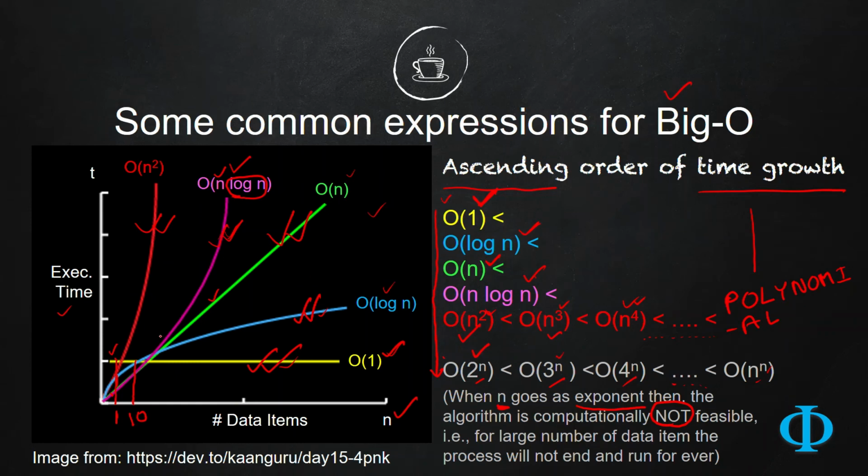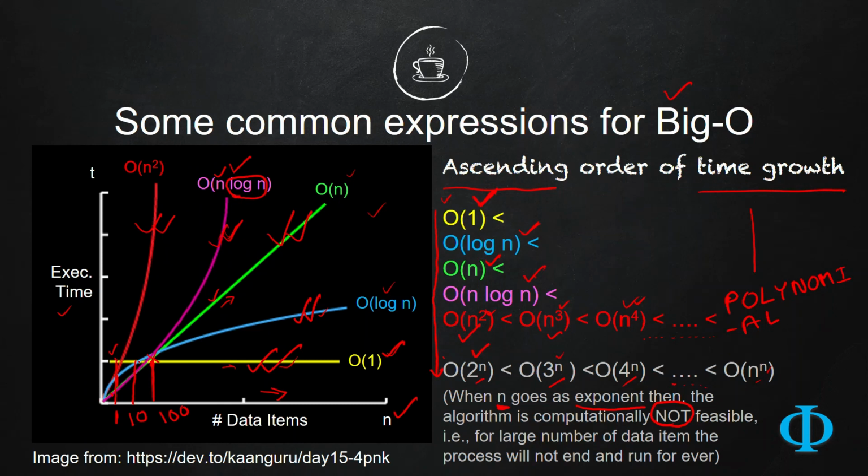Why? Because at some threshold point, let's say this one, which is, let's say, 100 data points, after some threshold the order of n algorithm will start taking more time compared to the order of 1 algorithm, and as the number of data items grows, the algorithm will show more and more time difference.